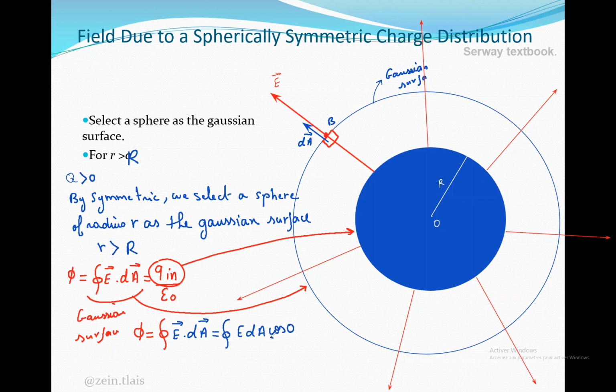It's important to write this one. That's the angle between dA and E, equal to 0.